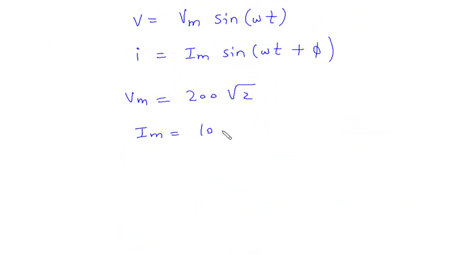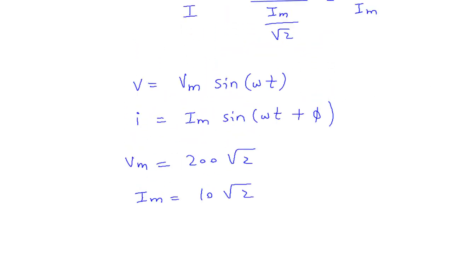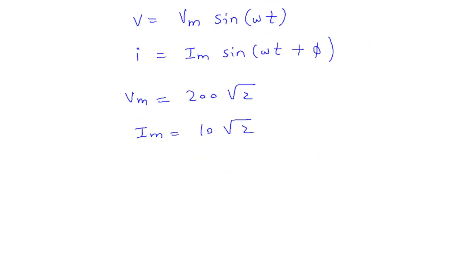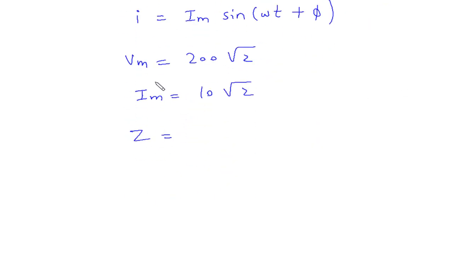Then Z is equal to Vm by Im, so 200 root 2 divided by 10 root 2. This root 2 will get cancelled. So Z is equal to 20. The unit of impedance is ohm.